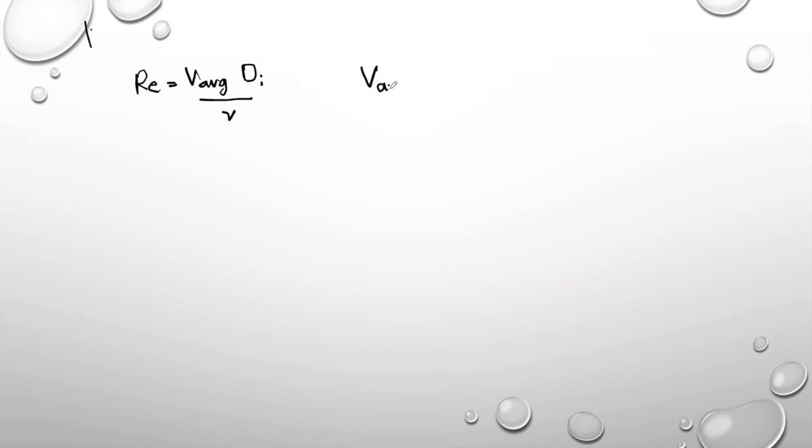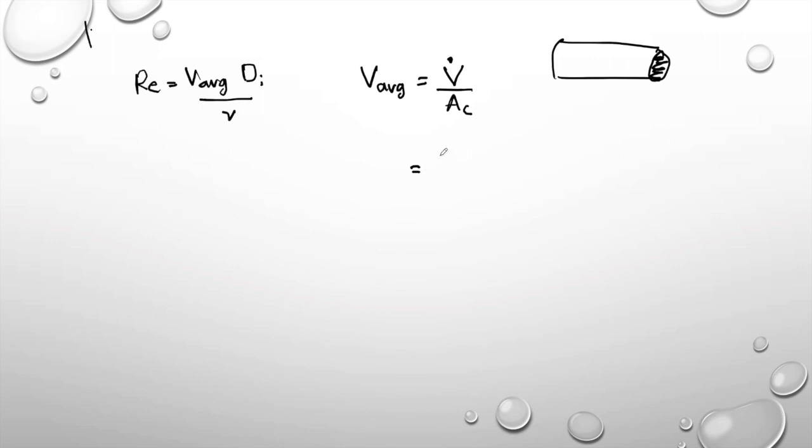Now we have to find the average velocity. To find it, we calculate from volumetric flow rate divided by cross-sectional area. You have to remember that the area is the cross-sectional area, because the flow of the fluid is through the cross-section, not the surface area. Surface area is only for heat transfer.